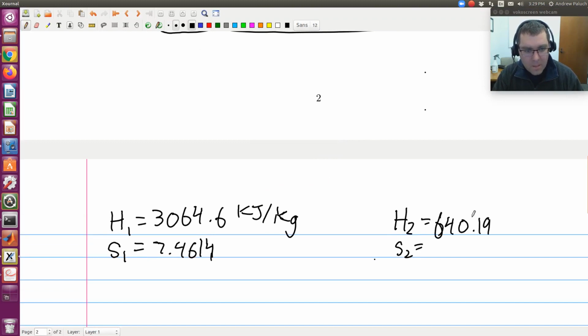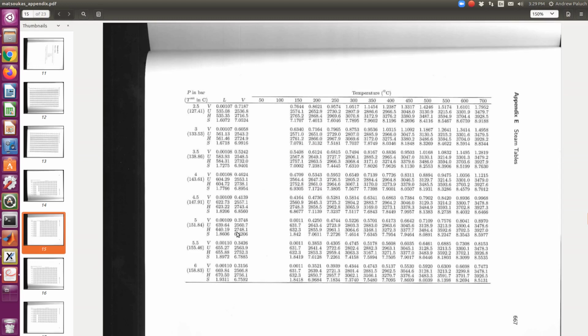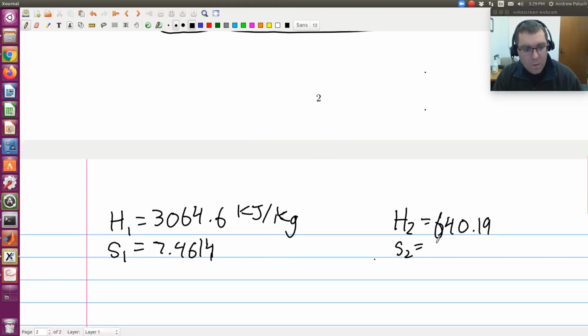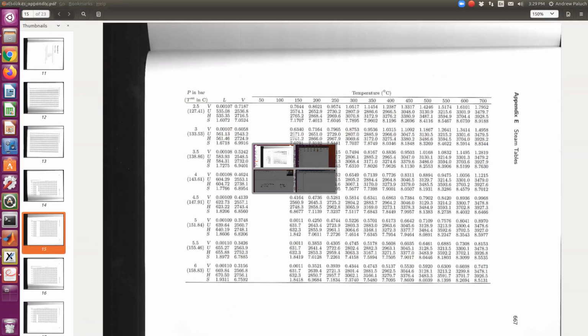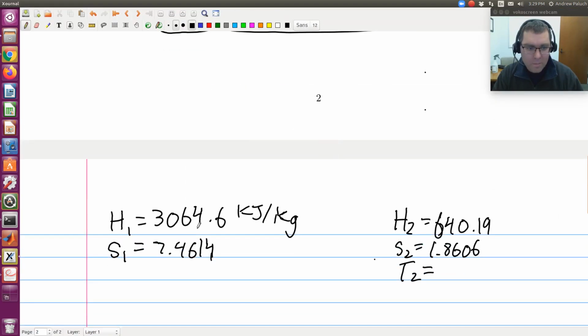S2 is 1.8606. And let me also record T2, which is going to be 154.84. So we're actually cooling down from 300 degrees C to 154.84 degrees C, and we're also converting from a vapor to a liquid.